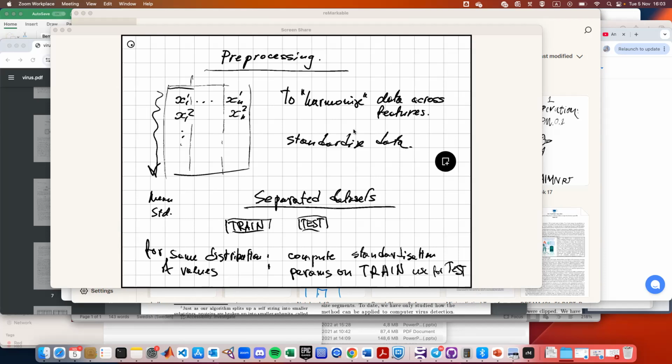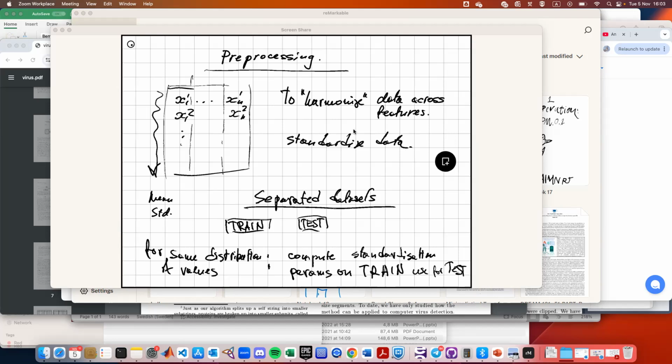Just to summarize: in the separate case, where you have a different distribution of values in the train and the test set, standardize them separately. In the case where you define the splits, we use the standard approach, meaning all data is in our hands.